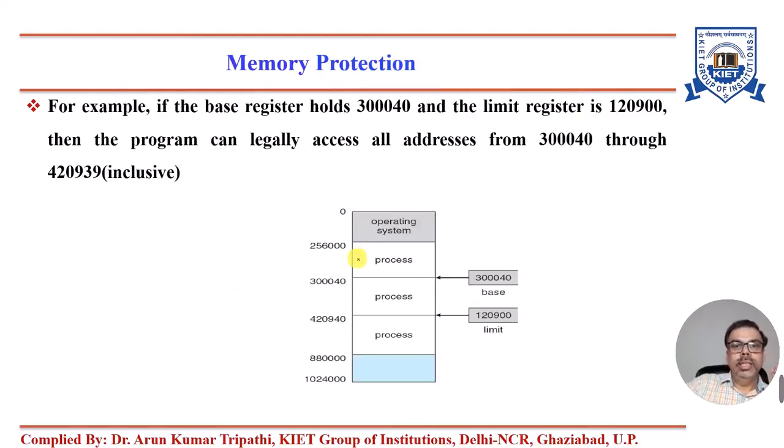So here in the example the base register has this value and the limit register has this value. For this process, let it be P1, the base register value will be added to the limit register, and the limits of the process P1 can be defined. Similarly for process P2 and process P3, the limit can be defined. So in this way we can protect the memory.